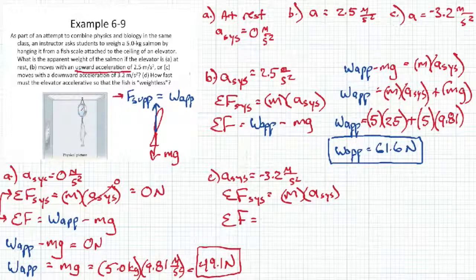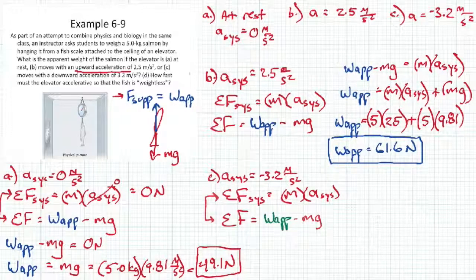So we can say that the apparent weight minus the weight force, because the object still has weight, is equal to the net force. These two being equal allows us to set them equal to each other. So we can say this.